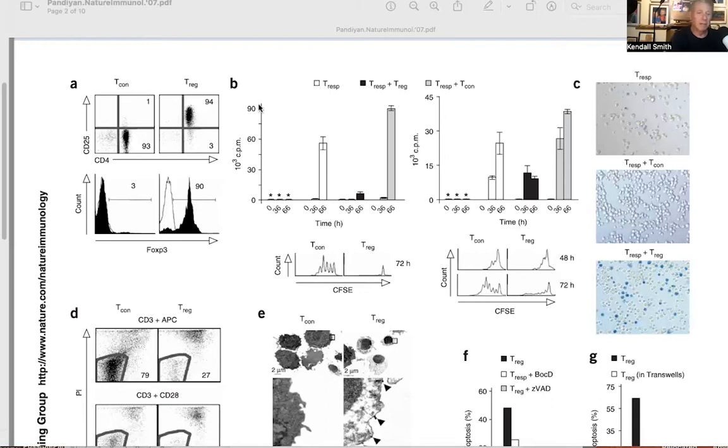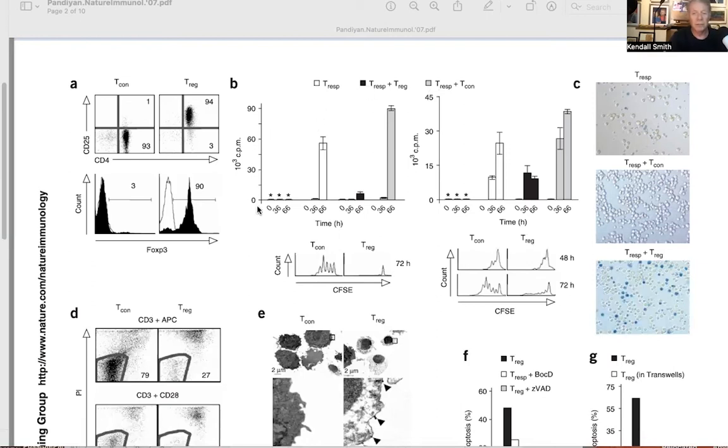And then in the B portion of this figure, we're looking at the assay where we've got tritiated thymidine incorporation of the different populations of cells. These are the responder cells in the open bars, then the responder cells plus the Tregs in the solid, and then responder cells plus control non-Tregs in the gray portion here.